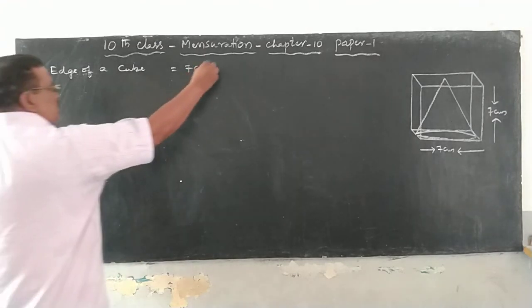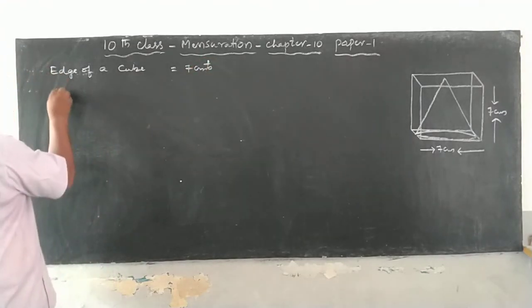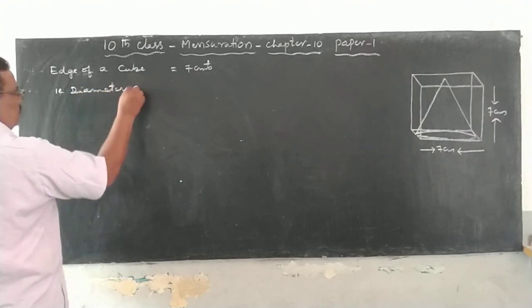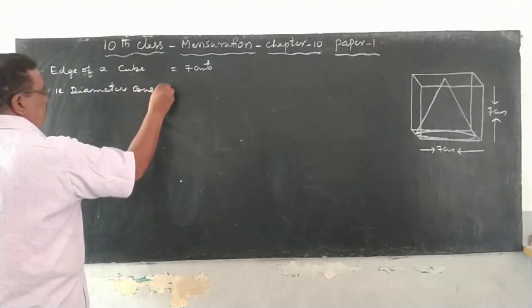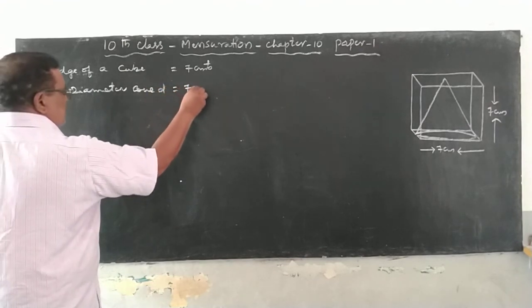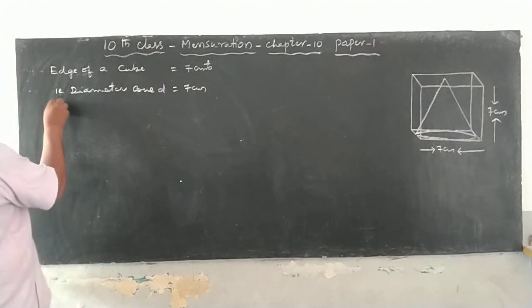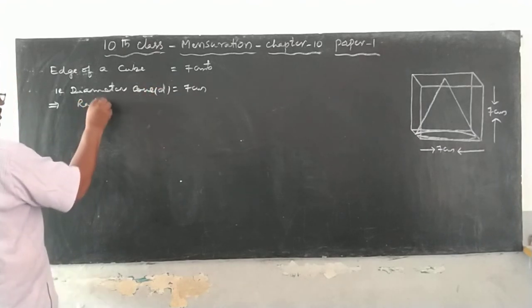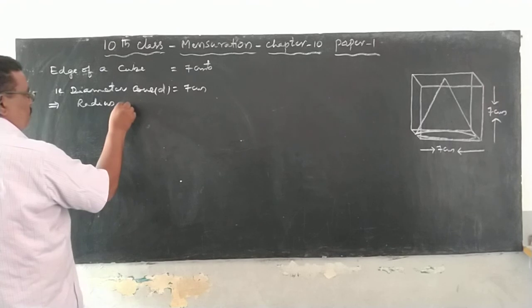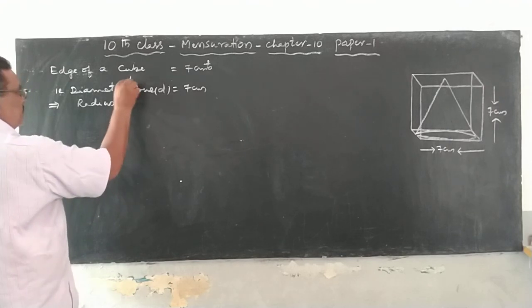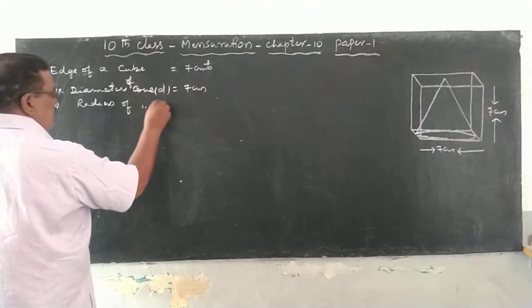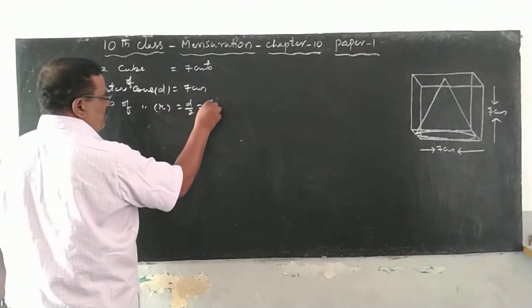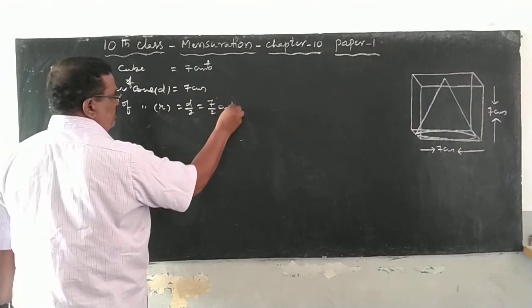That is the diameter of the cone, D is equal to 7 centimeters, which implies the radius of the cone, r is equal to D by 2, that is 7 by 2 centimeters, children.